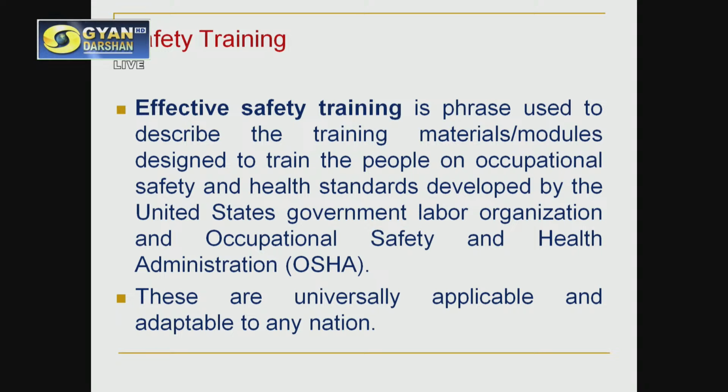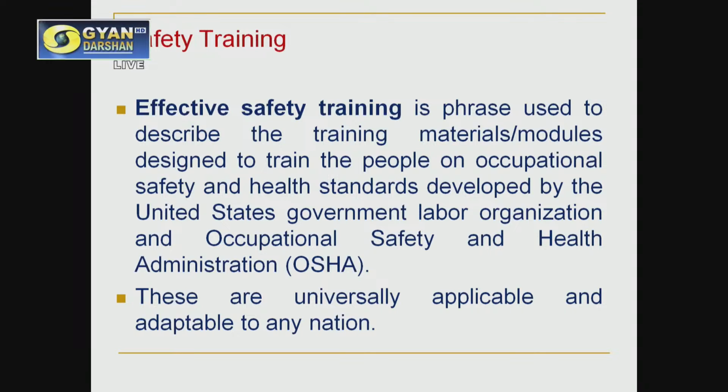The training materials and models vary from industry to industry. For example, chemical industries require a different set of materials and training models. Likewise fire industries, textile industries, construction industries, software industries, electronic industries. So a different set of industries have different training materials and models, designed according to the requirements.